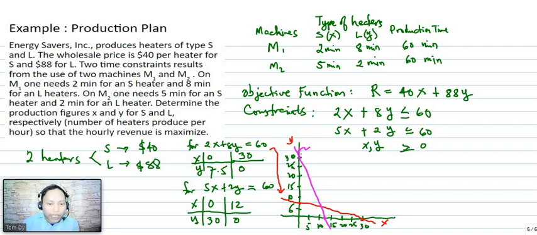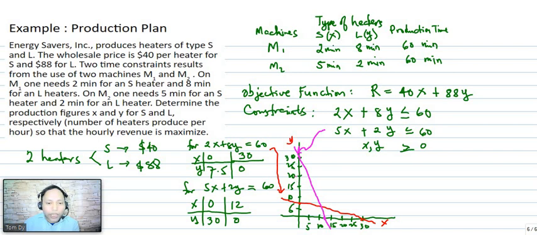So this line is the equation of 5x plus 2y less than or equal to 60. So that is our graph. Now, for the area found here, take note this is less than or equal to 60. If we say less than, for this value, that means this is our maximum.